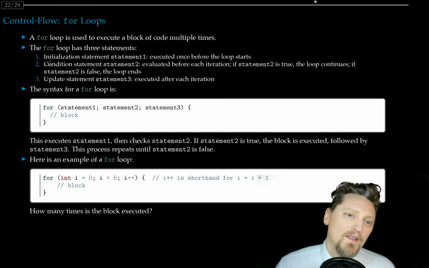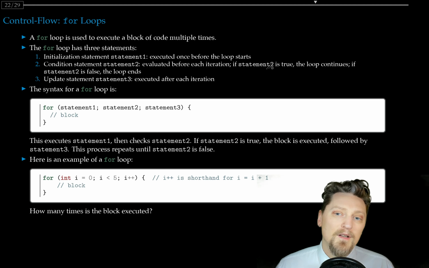The second statement, statement 2, is called the condition statement, and it's evaluated before each iteration through the code block. If statement 2 is true, the loop continues. If statement 2 is false, the loop ends. Okay, so we're going to be evaluating this condition every time we go through the loop. And finally, update. The update statement 3 is executed after each iteration.